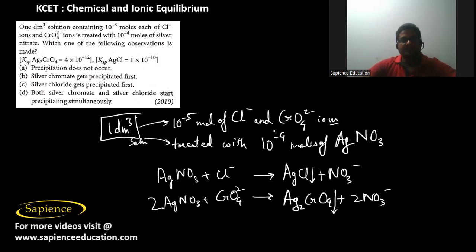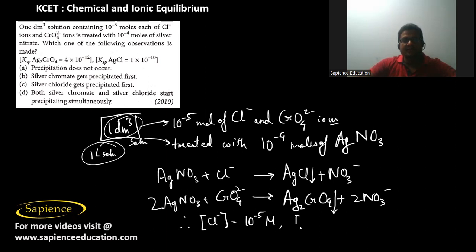Here we have 10 power minus 5 moles in 1 decimeter cube, which means 1 liter of solution. So the concentration of Cl minus ions is 10 power minus 5 molar, the concentration of CrO4 2 minus ions is also 10 power minus 5 molar, and the concentration of Ag plus ions is 10 power minus 4 molar.